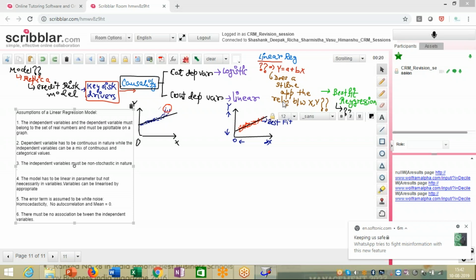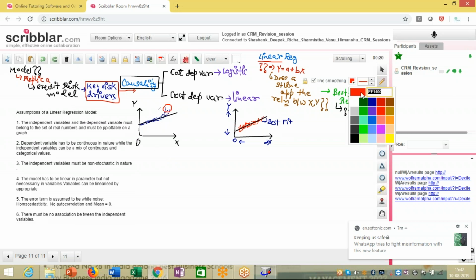So there are these two measures. The first that I have over here is the population regression function.